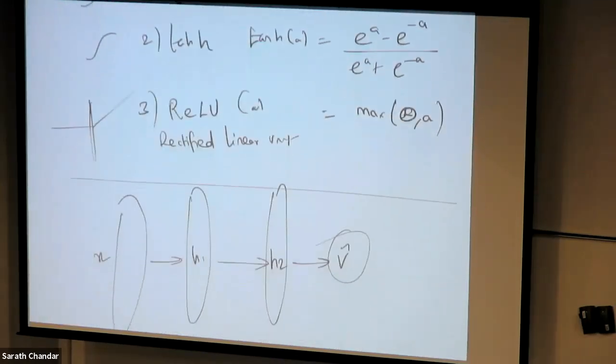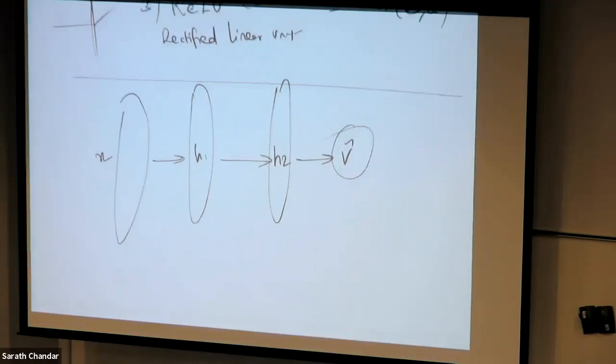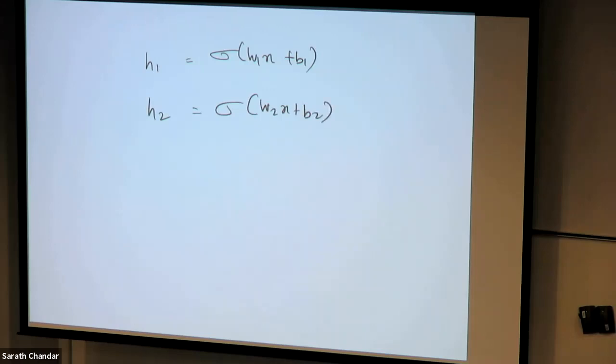Now, maybe let me write the equation for the second thing, right? H1 is given by, let's say we are using sigmoid for nonlinearity, sigma of W1x plus B1. H2 is given by sigma of W2x plus B2. And then the output is given by W3x plus B3.